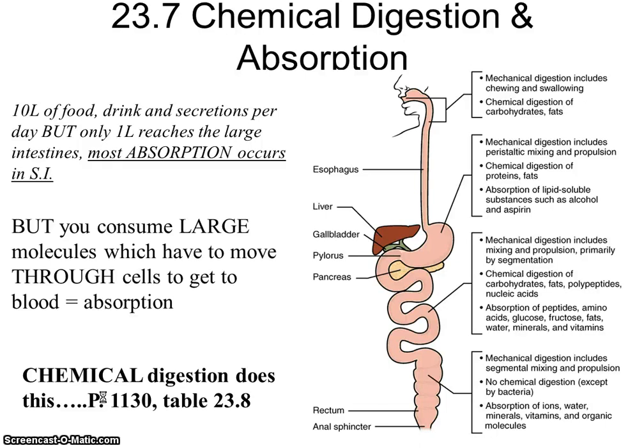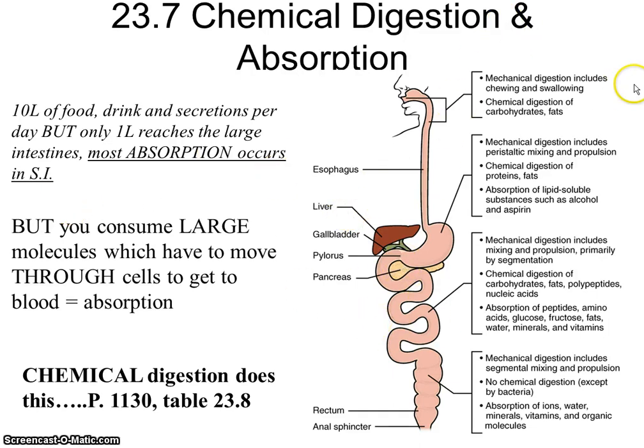So we want to look at this idea of getting proteins to amino acids, getting carbohydrates to monosaccharides, getting triglycerides to fatty acids and monoglycerides, getting nucleic acids to nucleotides, bringing in vitamins, bringing in minerals, and recovering all this water that you ingest and water that's been secreted by the glands and structures. So your absorption is really going to happen here.